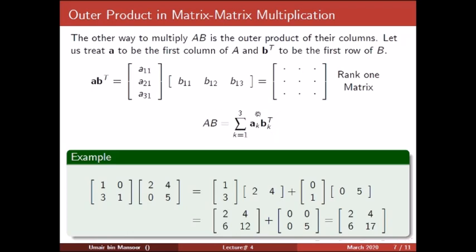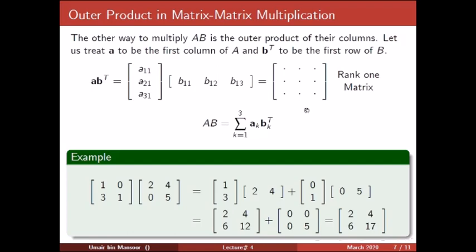Both A and B are 3 by 3, so the output will also be 3 by 3. So it's a sum of the three outer products of the matrices.